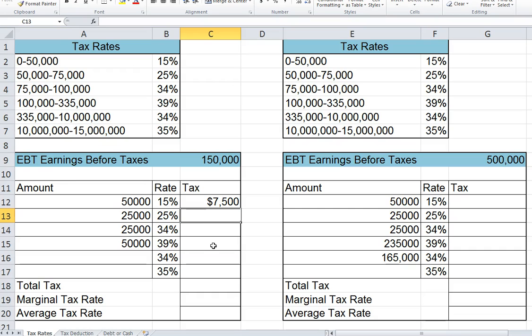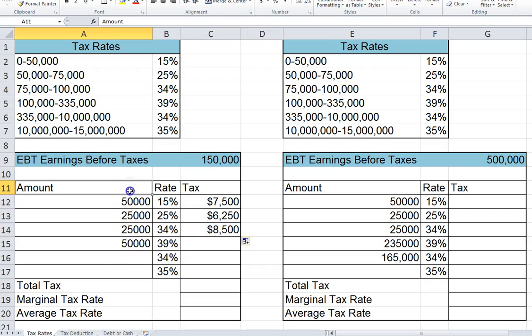In the second tax bracket, I can multiply the 25,000. So far I've only accounted for $75,000 worth of money, so the next 25,000 will be calculated at that same rate. And then the last 50,000.